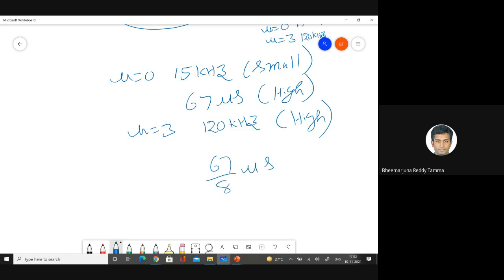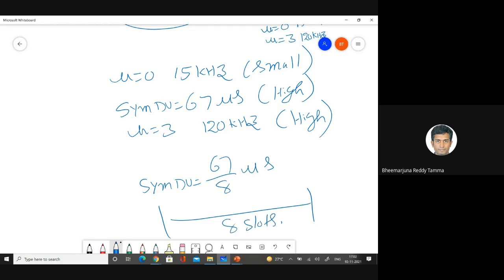What I wrote here is the symbol duration. That's the reason why we have 8 slots in 1 millisecond in numerology 3. Am I right?